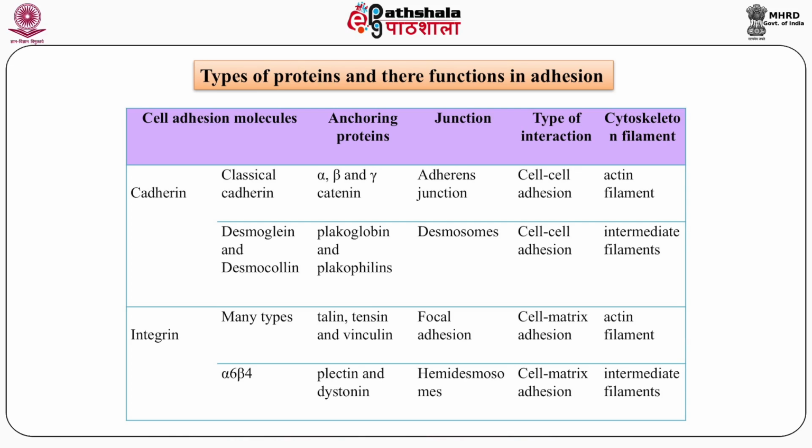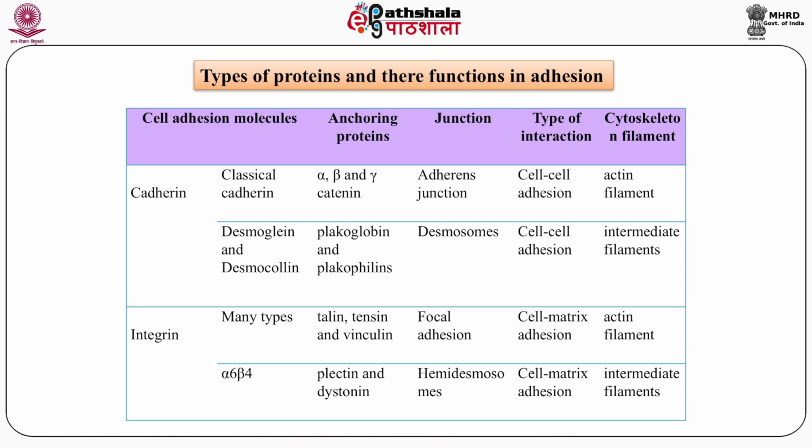In classical cadherins, alpha, beta and gamma catenins are required as anchoring proteins, and they are required for adherens junctions for cell to cell adhesion, and their related cytoskeletal filaments are actin filaments. In the case of cadherins which are desmoglein or desmocollin, they require plakoglobin and plakophilin anchoring proteins. They form desmosomes and are required for cell to cell adhesion.